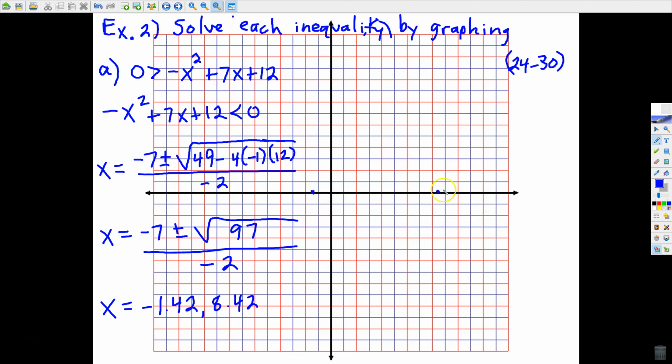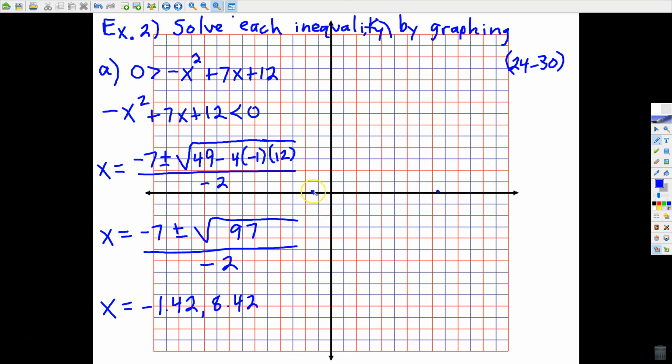Now I made dots here, but before I go any further, I noticed that the inequality says just greater than. And remember, when you're solving this absolute value inequality where it's really set to 0, we're looking for values of x, only x values that make this true.